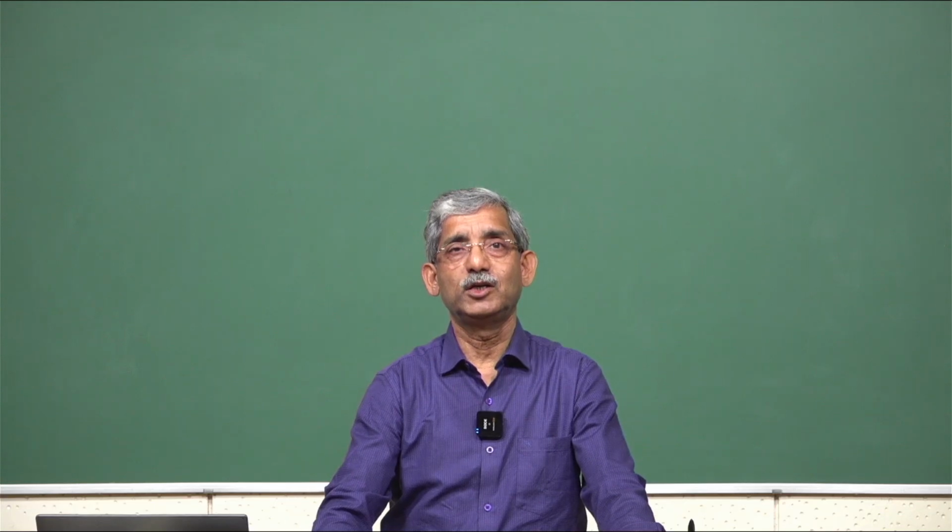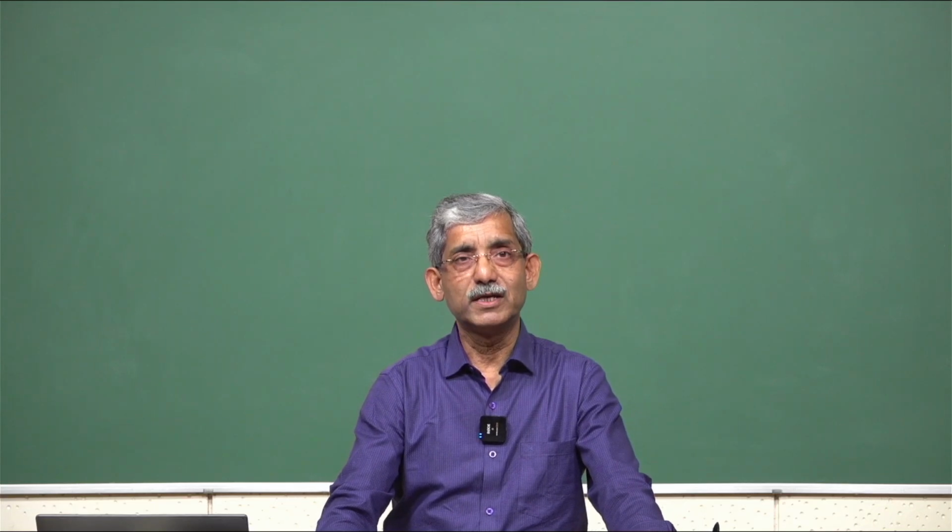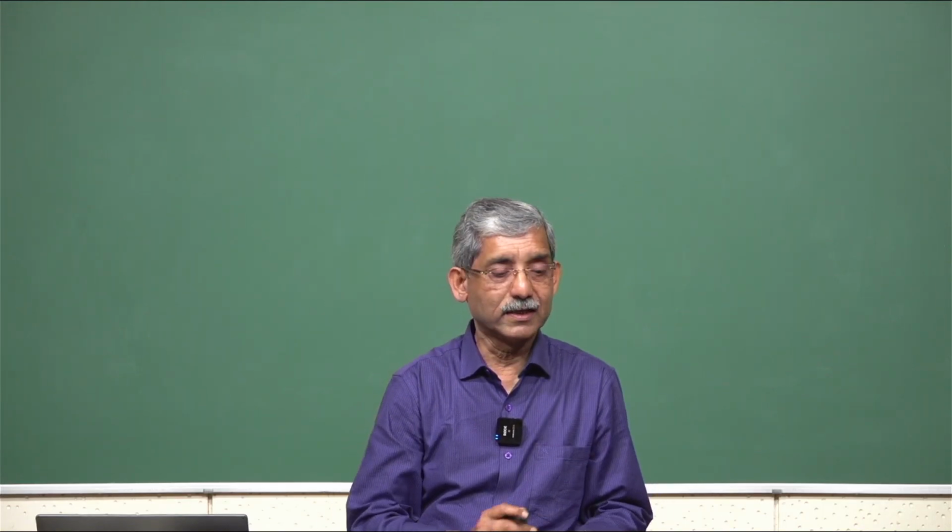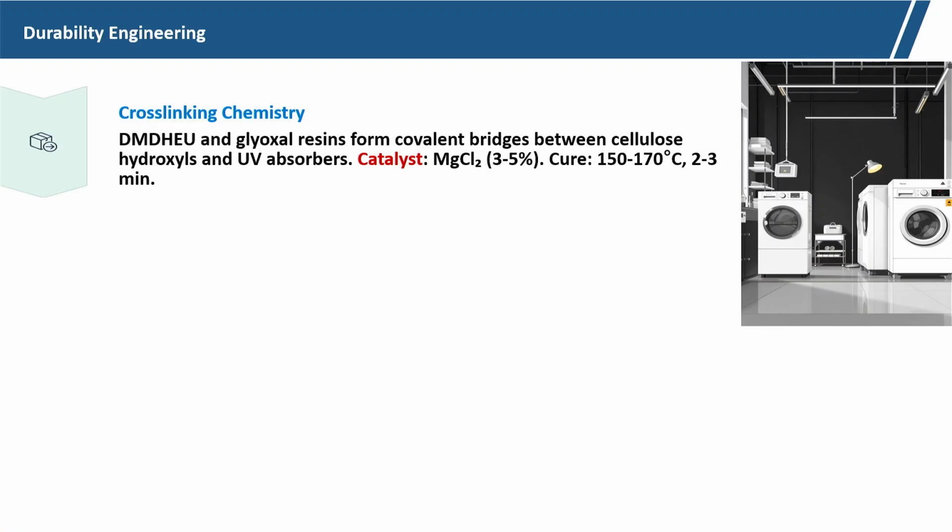Now, how to increase the durability of the UV finish? Durability can be enhanced by cross linking. DMDHU and glyoxal resin form a covalent bridge between the cellulose hydroxyl and the UV absorber.